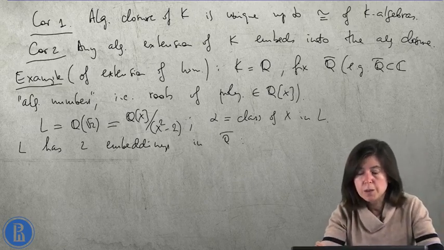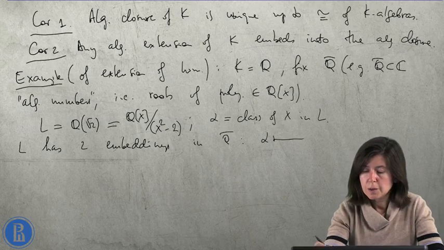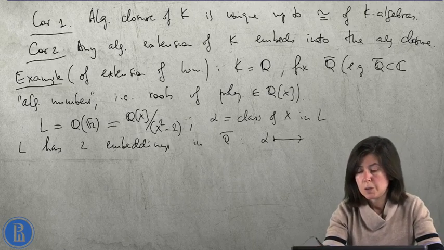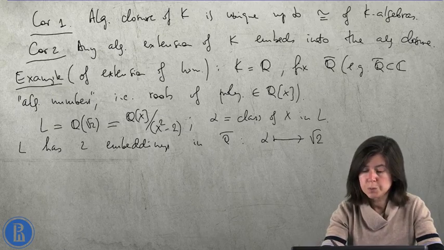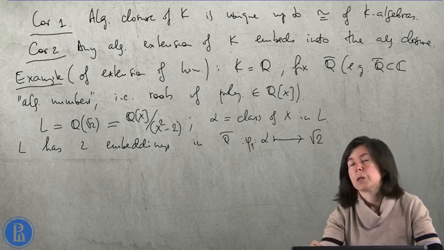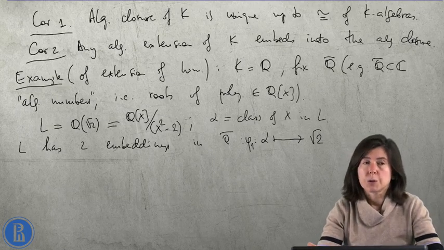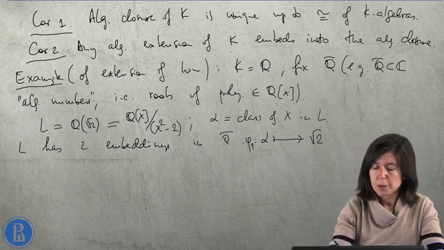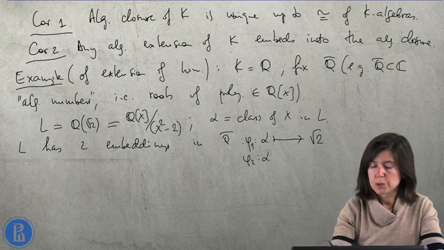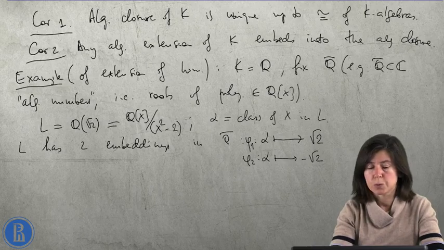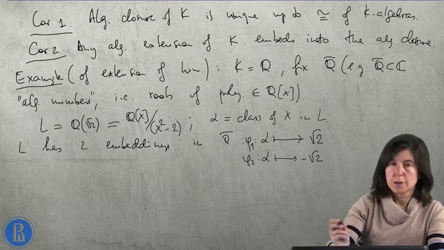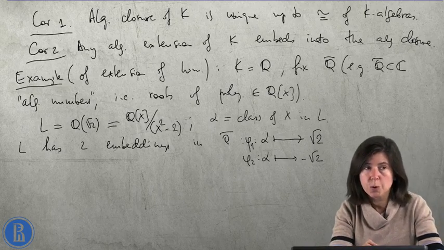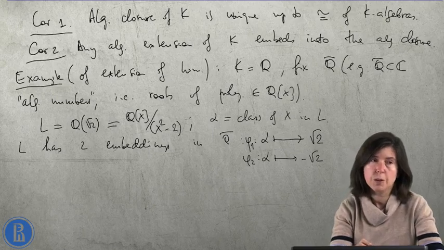Our alpha can go to the square root of 2. Let's call this phi 1, something which is identity on Q and sends alpha to the root of 2. And phi 2 sends alpha to minus square root of 2, since alpha can go to both roots of the polynomial x squared minus 2.